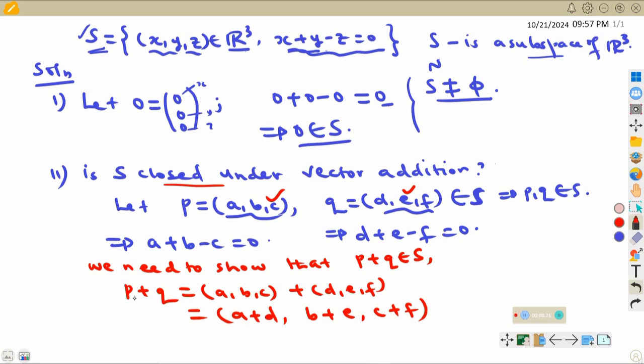But we need to show that P plus Q is an element of S. If that is to be true, then its x component plus y component minus z component should give a 0. So let us look at P plus Q as this.